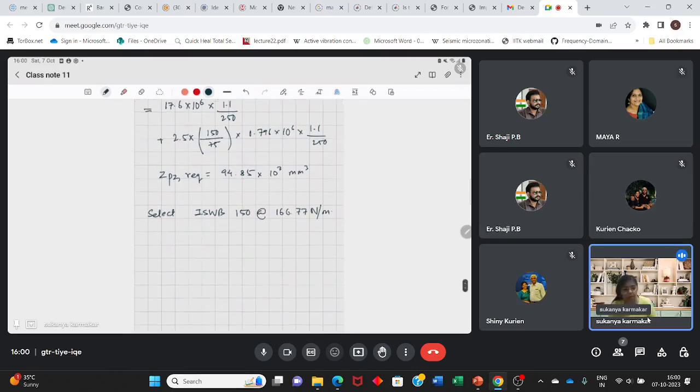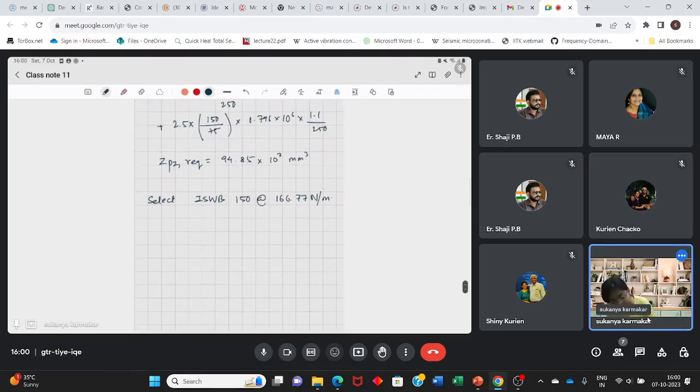And now I'll list down the sectional properties. Area is equal to 2167 mm squared. H is equal to 150 mm. BF is equal to 100 mm. TF is equal to 7 mm.